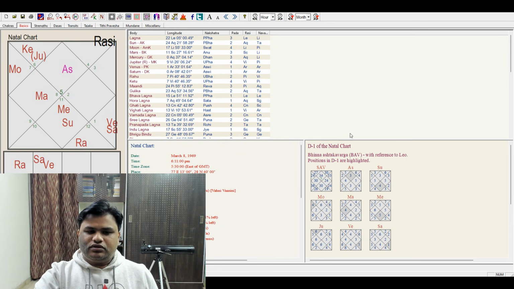Now just imagine this simple picture. Saturn is tired, old, strict, holding files of the family karma in his hand. Saturn is like this in this position.